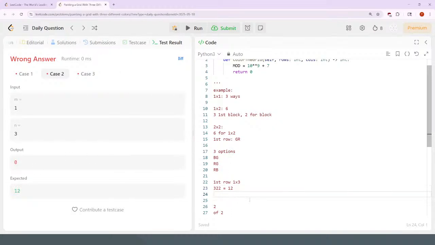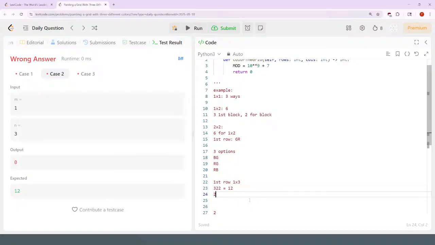So now the second row, below 3, 2, 2. Below this thing, there's 2 ways to do this one.